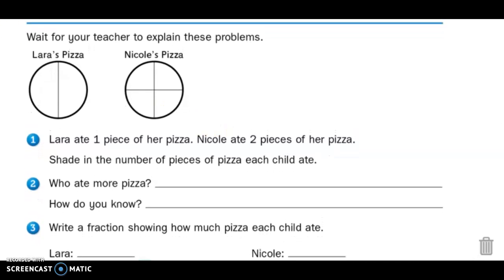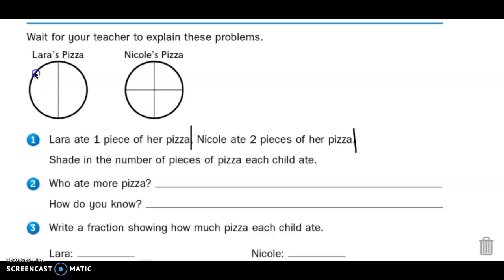That's me. So we see this is Laura's pizza, and look what you notice about Laura's, and here's Nicole's pizza, and you see the circles. Okay, number 1 says Laura ate 1 piece of her pizza. Nicole ate 2 pieces of her pizza. So here's 1 part, Laura's part, and then Nicole's part. So let's look at Laura. She ate 1 piece of her pizza.